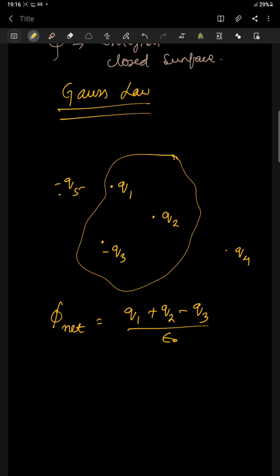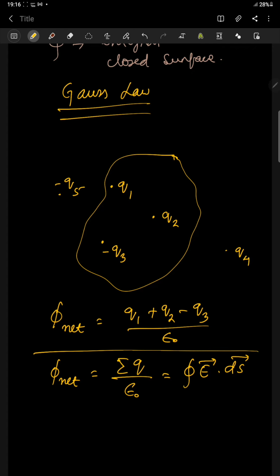So what is the mathematical formula for this Gauss law? Your phi net will be equal to the total charge enclosed by the closed surface divided by epsilon naught. I have already told you what epsilon naught is in our previous lectures. This is also equal to the integration of E dot ds. So this is basically your mathematical expression for Gauss law.